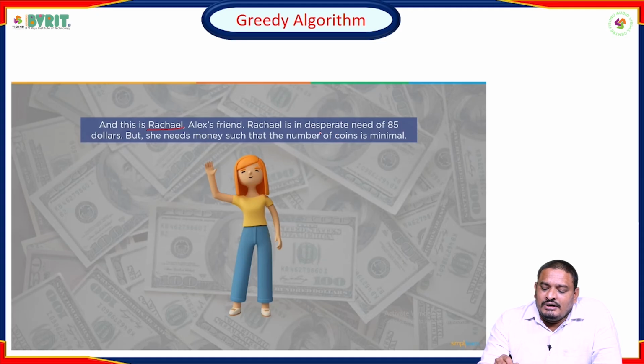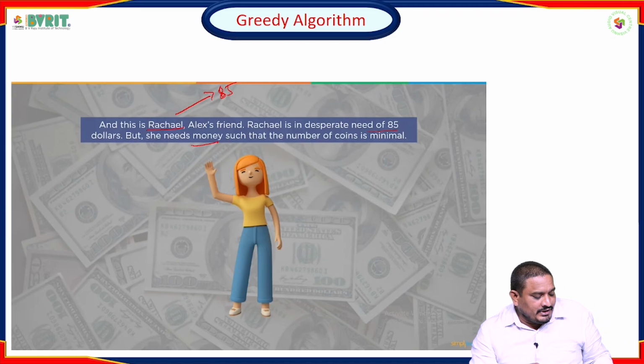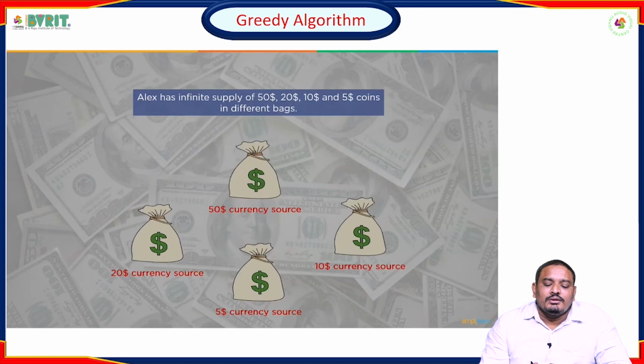Rachel is in desperate need of $85, and she needs the money with a minimal number of coins. Alex has an infinite supply of money to give to Rachel.